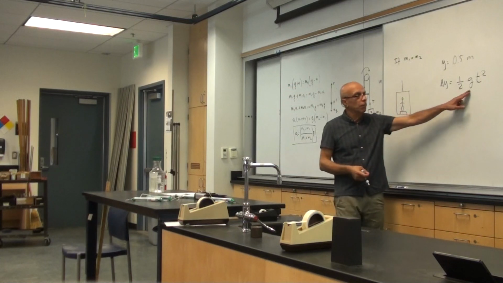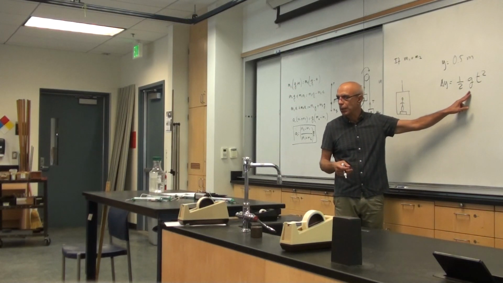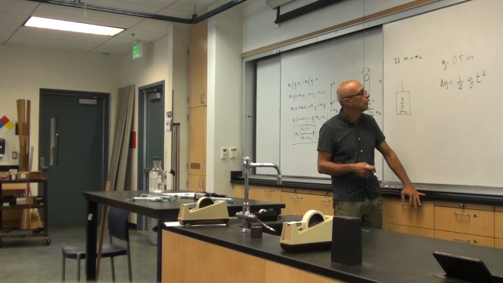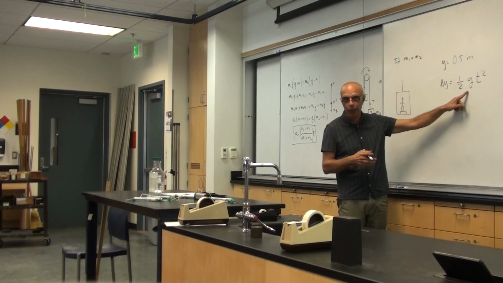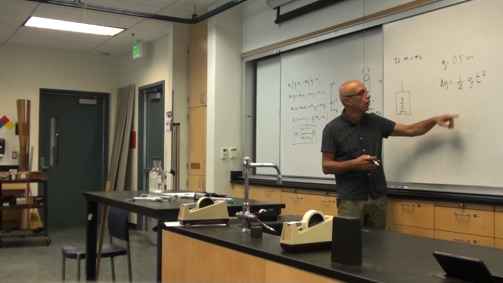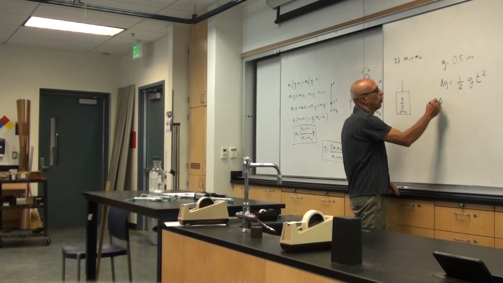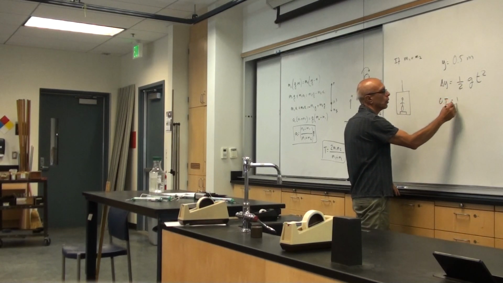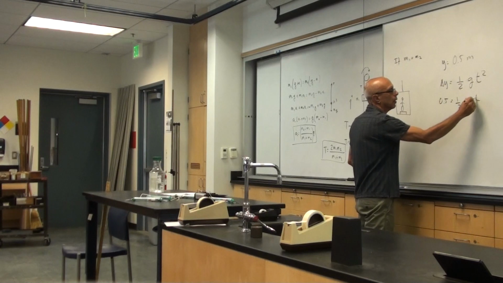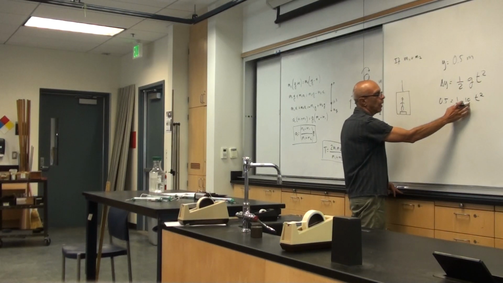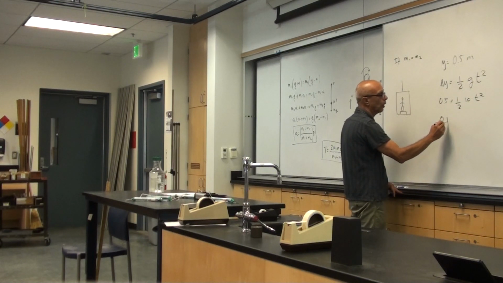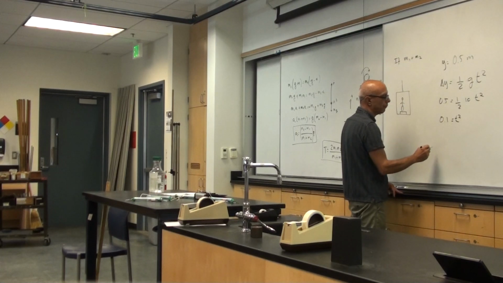So let's do some approximation. We know g is 9.8 meters per square second, but let's approximate it to 10 to make it easier. So this is going to be 0.5 equals 1/2 times 10 t squared. So this is going to make what? This is going to be 5. So it's going to be 0.1 t squared.